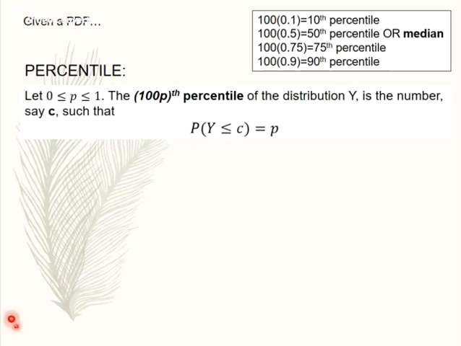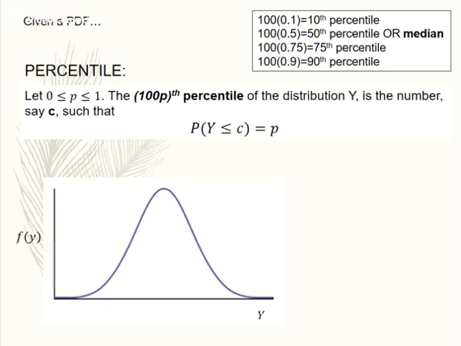So let's start off, let's say I give you a PDF. Let's take an example. Suppose we have this distribution, so it's a nice curve like this, and I've drawn your PDF. If I ask you to find C such that the area to the left is P, then you can just arbitrarily draw a C on your graph like this one.